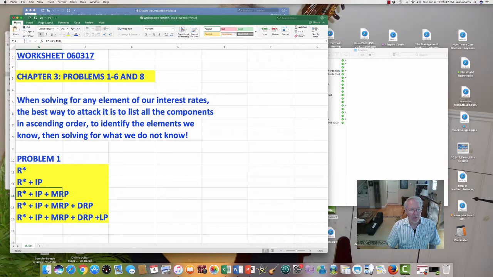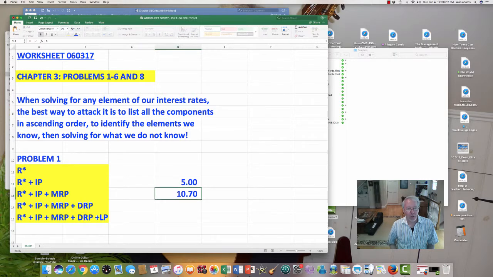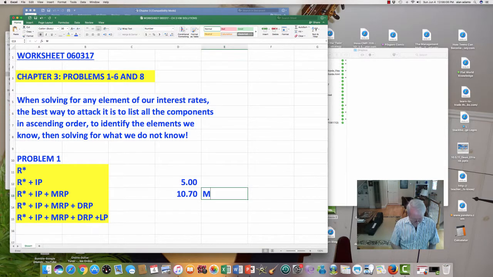So if you know the rate on a T bond, 10.7, and the rate on a T bill, 5%, the maturity risk premium has to be the difference between these two elements. Therefore the MRP has to be equal to 5.7. And that's our answer. It's that easy, okay?